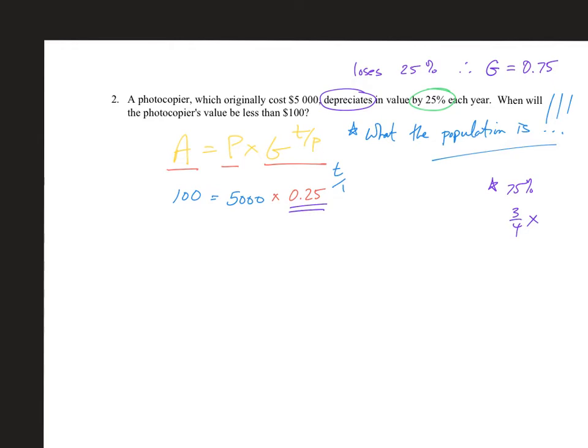So the most common mistake, and it's not even close in this context, is to have an incorrect G value. If I'm losing 25%, then my growth is 75%. Now, I'm just going to clean up my exponent because we don't have to write the over 1. In fact, I'd be writing boo on your page if you did. There we go.